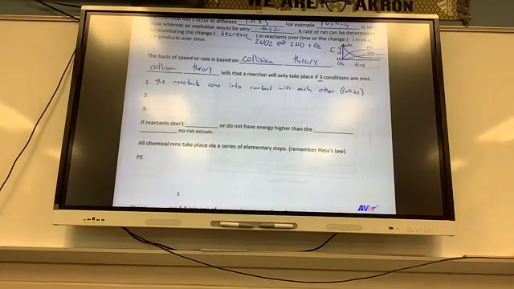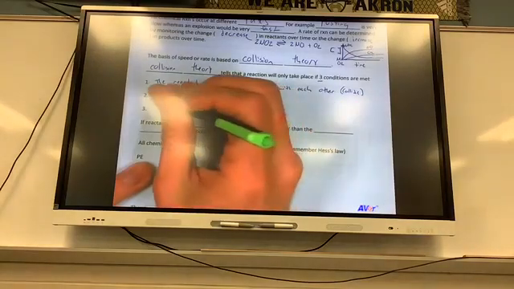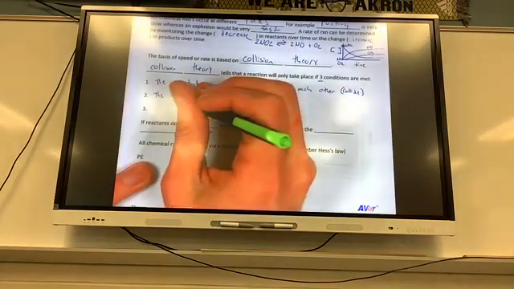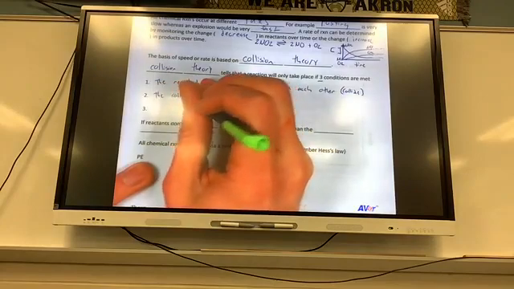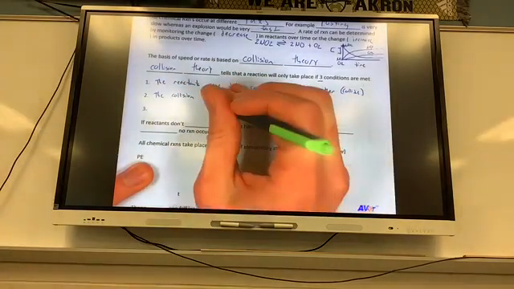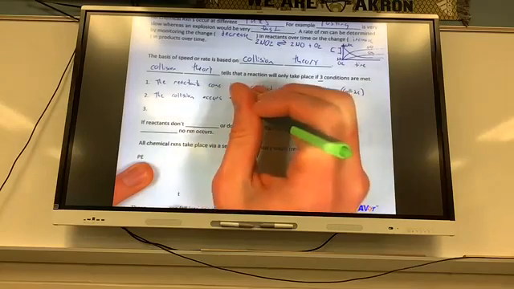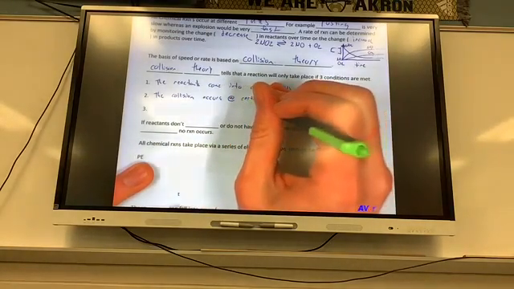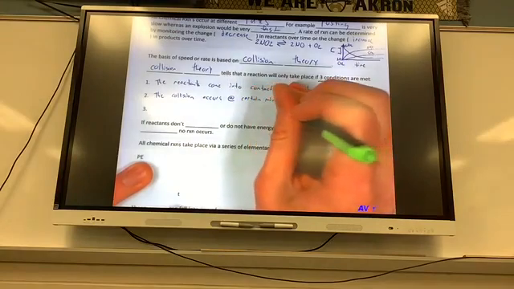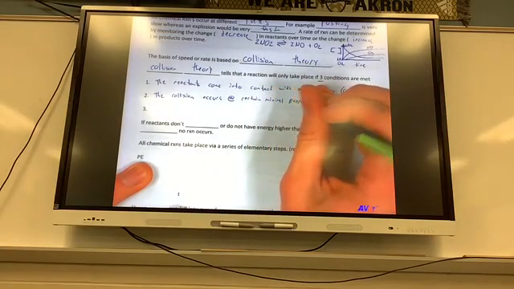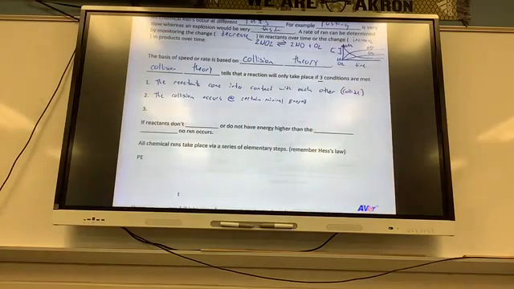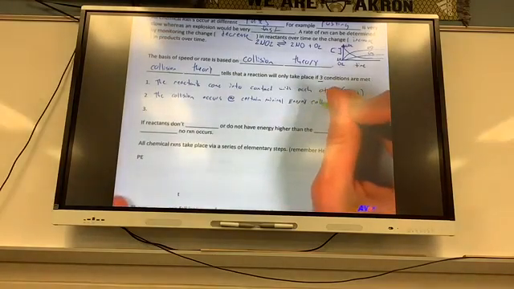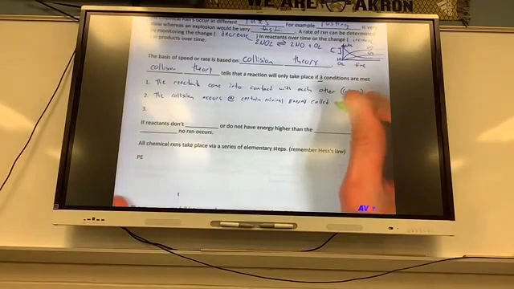Number two, what else has to happen in order for a reaction to occur? Think back to biology. Substrate. We are going to talk about substrates today. The collision occurs at a certain minimal energy called the activation energy, yes.